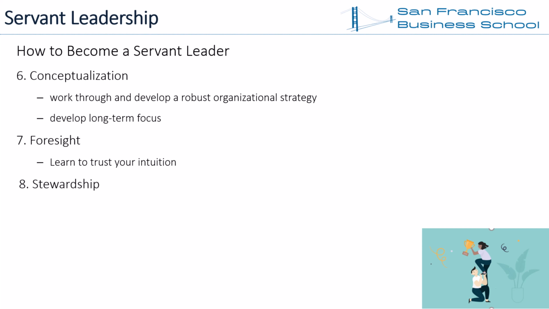8. Stewardship. Stewardship is about taking responsibility for the actions and performance of your team and being accountable for the role team members play in your organization. Whether you're a formal leader or not, you have a responsibility for the things that happen in your company.